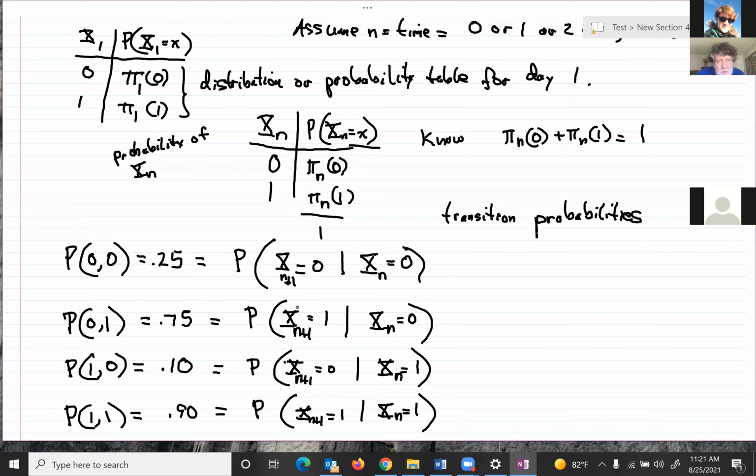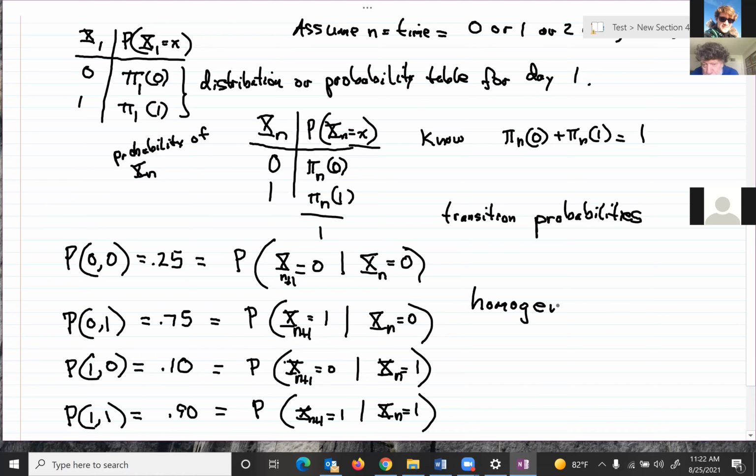So that shows you the chance of catching something from one day to the next may not be the same. In this model, we're assuming it's the same. It doesn't matter what day you're looking at, the chance of doing these transitions is the same. That's called being homogeneous in time.